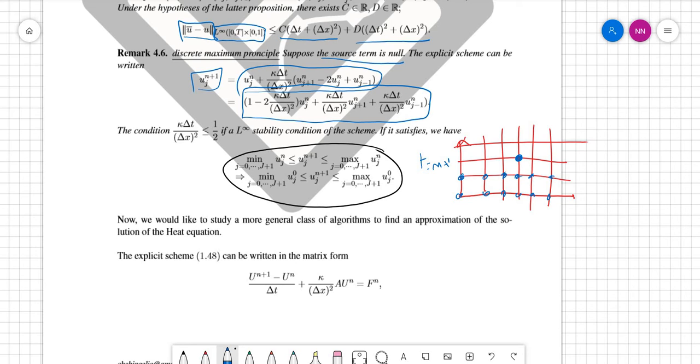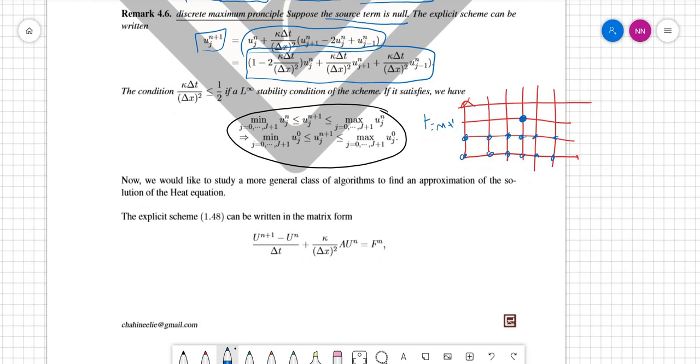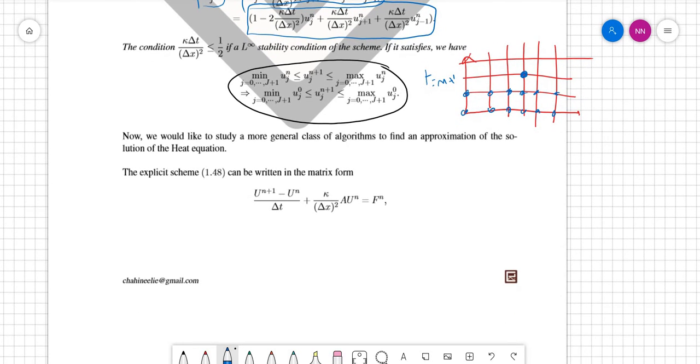And now, I talked about this in the last video, and I will now try to write the equation in matrix form in order to write down a more general class of algorithms.